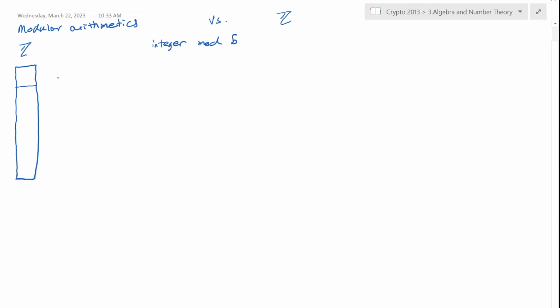The first one would be the set of numbers whose remainder is 0 when you do mod 5. You take any element in Z and do mod 5, and the remainder is 0. Those are numbers such as minus 15, minus 10, minus 5, 0, 5, 10, 15, and so on.